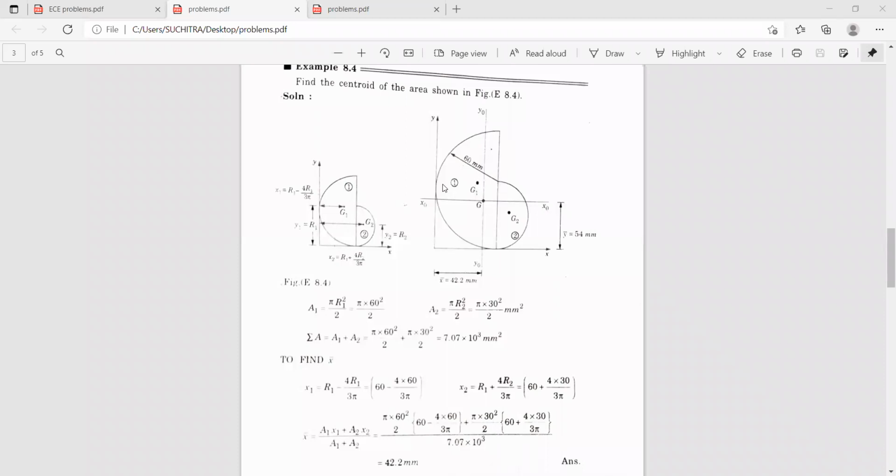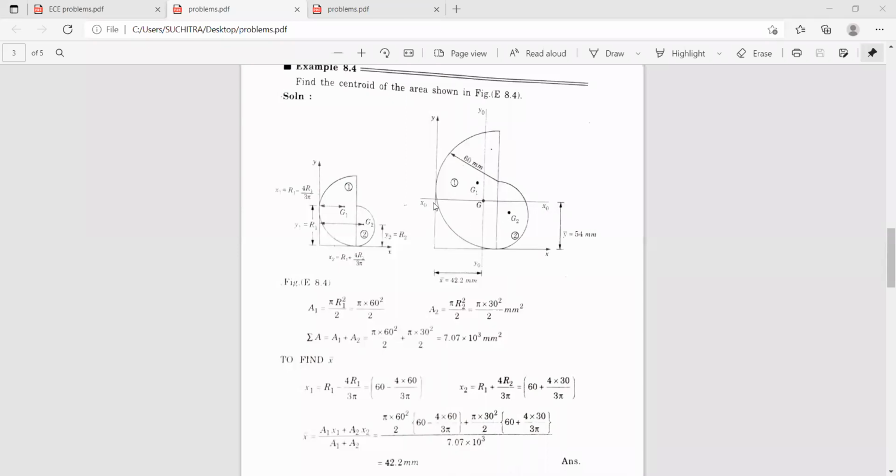So hence you want this x1. x1 is nothing but r minus 4r by 3 pi. You can see here x1 is r1 minus 4r1 by 3 pi, that is 60 minus 4 into 60 divided by 3 pi. And x2 is from this point to this point, correct? So this is nothing but the radius of this circle plus the center of the semicircle with respect to base, which is 4r by 3 pi.